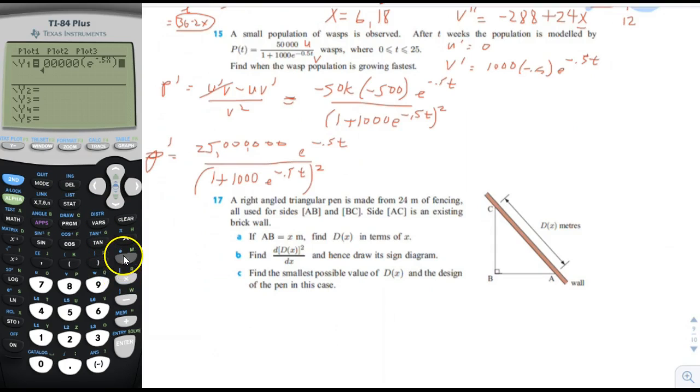And then divided by 1 plus 1,000 e to the negative 0.5 x, close parentheses, squared. Okay, and then we're going to graph it.